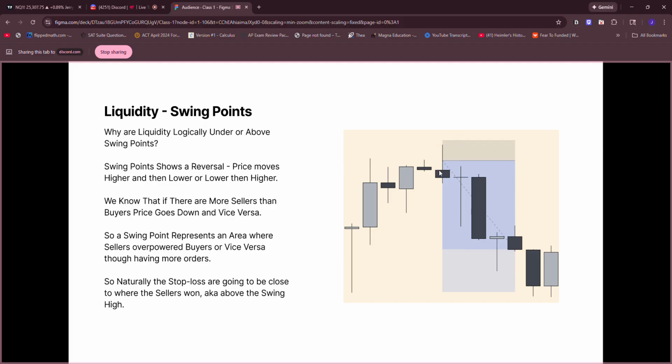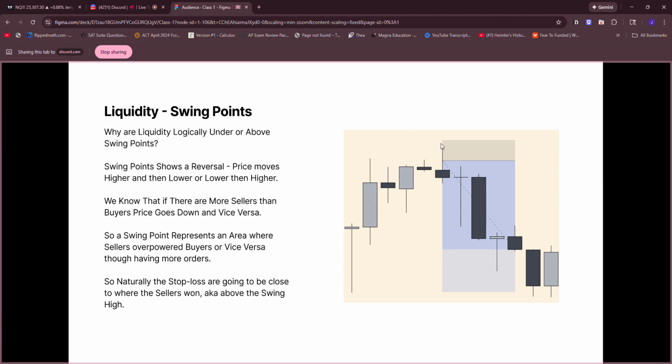So at this area right here, it is given that buyers were in control, but then sellers overtook the buyers, right? So price moved up, and then price moved lower, and that means that sellers came into the marketplace at this area.